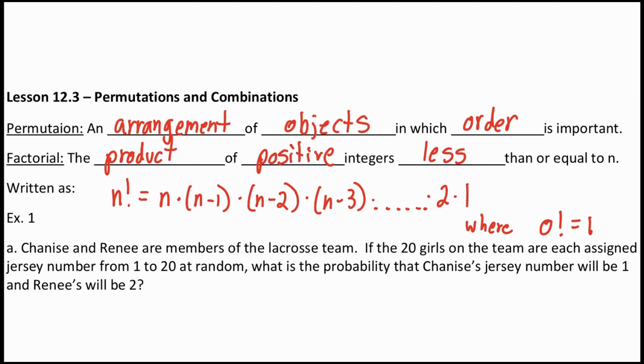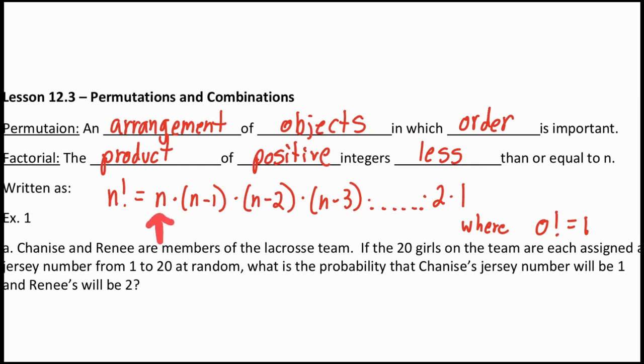So n is 3 there. When I'm writing this, I would do 3 times 3 minus 1, which would be 2, times 3 minus 2, which would be 1. And this is where I stop, because we're down to 1. Does that make sense?